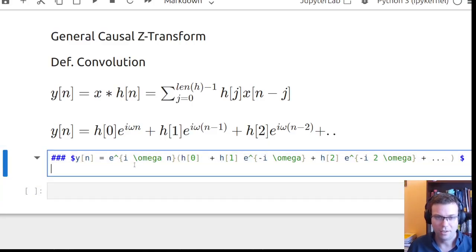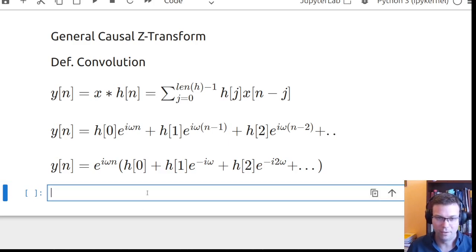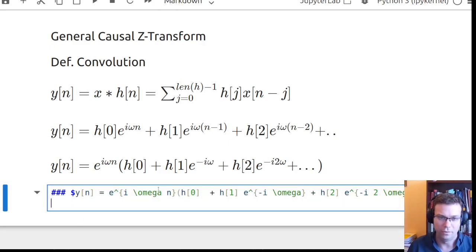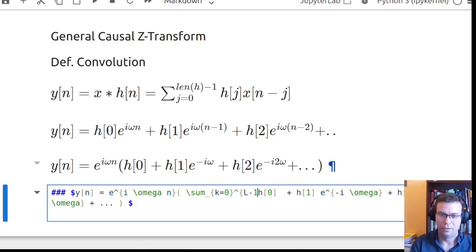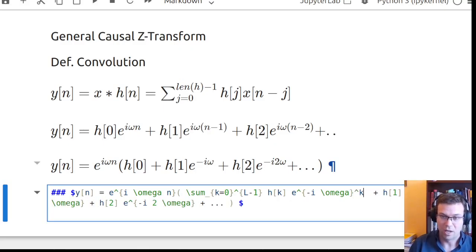So this is not the way you would normally write it mathematically. I would actually usually write it using sigma notation. So let me do that. So I'll say sum from k equals 0 up to, let's say that there's L samples in the impulse response. So this would be h of k times e to the negative I omega raised to the k power.